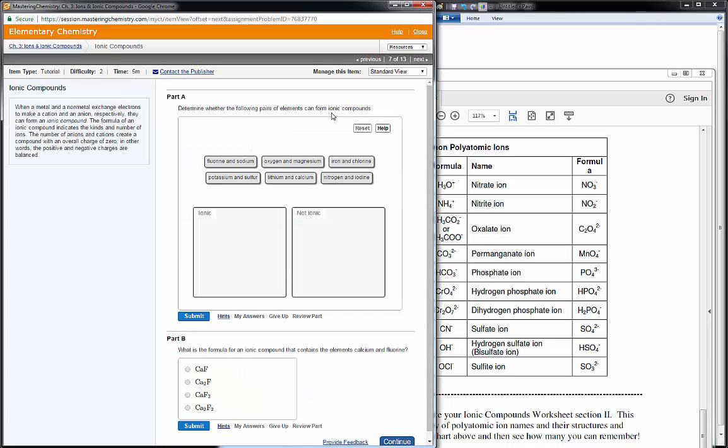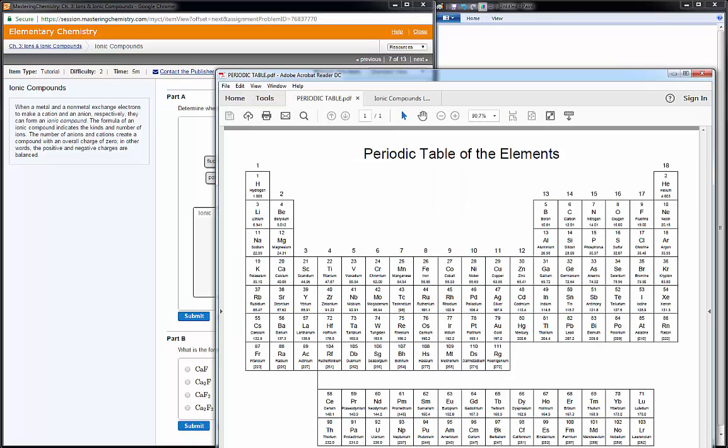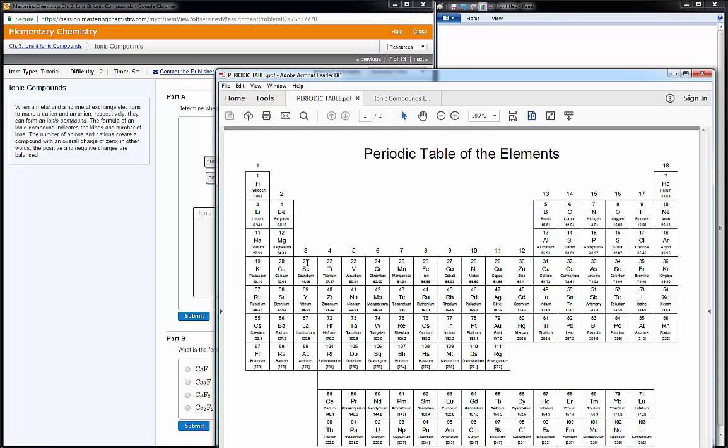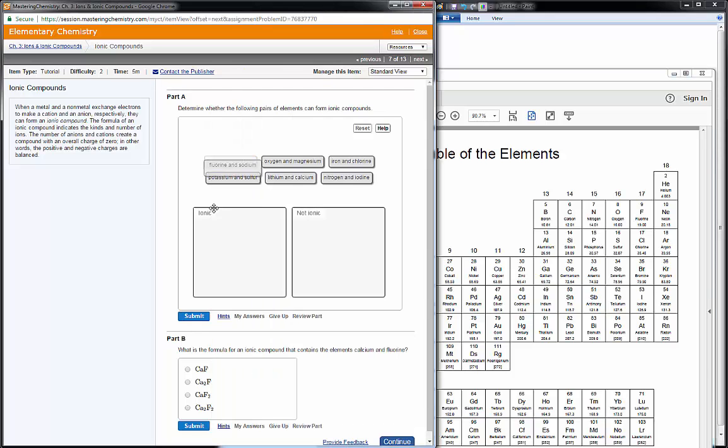Next, determine whether the following pairs of elements can form ionic compounds. And what we find is that when you have metals reacting with nonmetals, you get ionic compounds. Whereas if you have nonmetals reacting together, then you would not get an ionic compound. You would get a covalent compound instead. So fluorine and sodium, fluorine is a nonmetal and sodium is a metal. So yes, ionic compound.